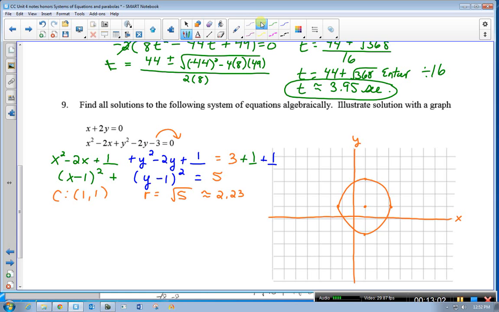Then the line is 2y equals negative x, so y equals negative 1/2 x. So we would start at 0 and go up 1 and over 2, and so it would be over 2, down 1.